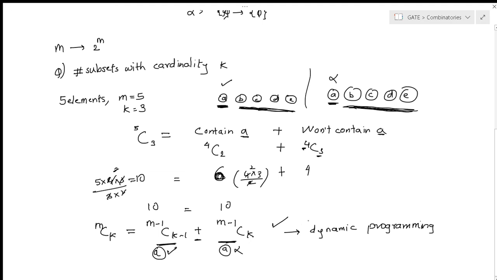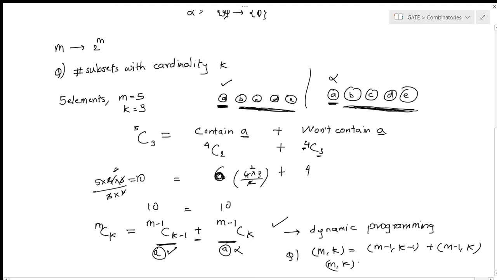In many test series you will find this kind of problem, especially in test books, they will definitely ask you this question, where they will ask you the complexity for this code. The question will be like this. They will give you some recursion: C(m, k) equals C(m minus 1, k minus 1) plus C(m minus 1, k), and they will give you some base cases also, like if k equals 1, if m equals k.